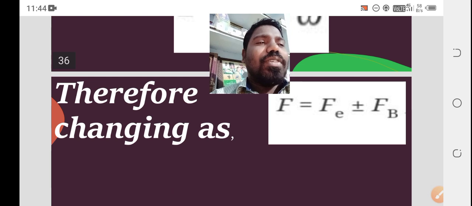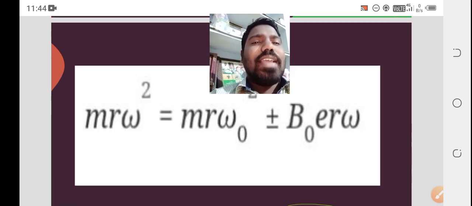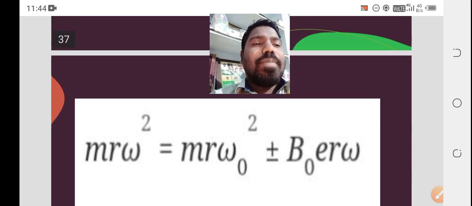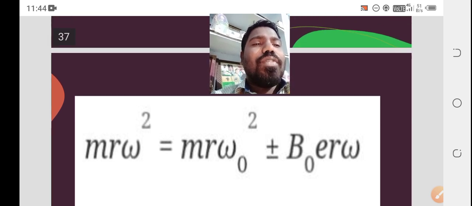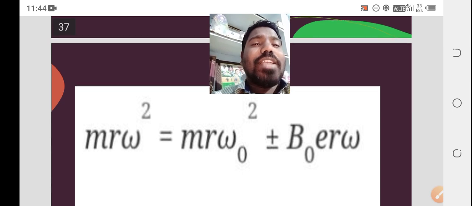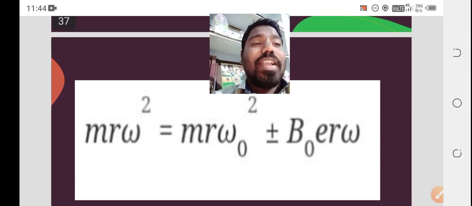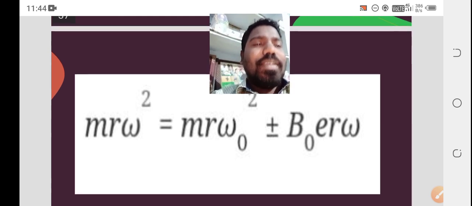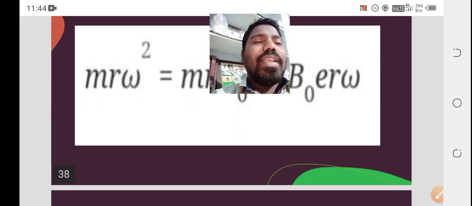Replacing the Fe value and the Fb value, what you will get is mr omega square equal to mr omega naught square plus or minus B naught e r omega.